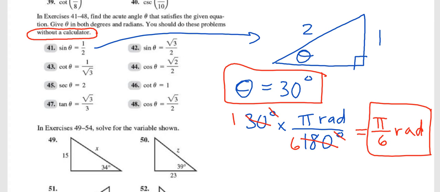Or do you think we're dealing with the 30, 60, 90? Which triangle is the only one that has a radical 3 in it? It's got to be the 30, 60, 90.